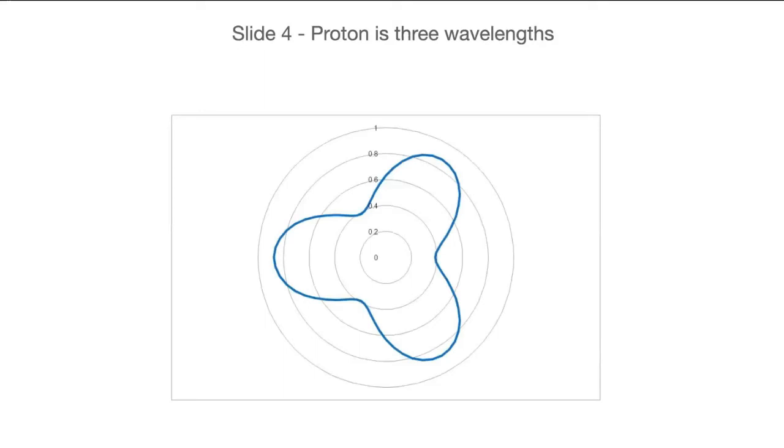So thinking of the neutron, we can actually try to work out how many wavelengths there are in the loop. So for the proton, we know the mass of a proton. And using E equals mc squared, we can work out the energy of the proton.